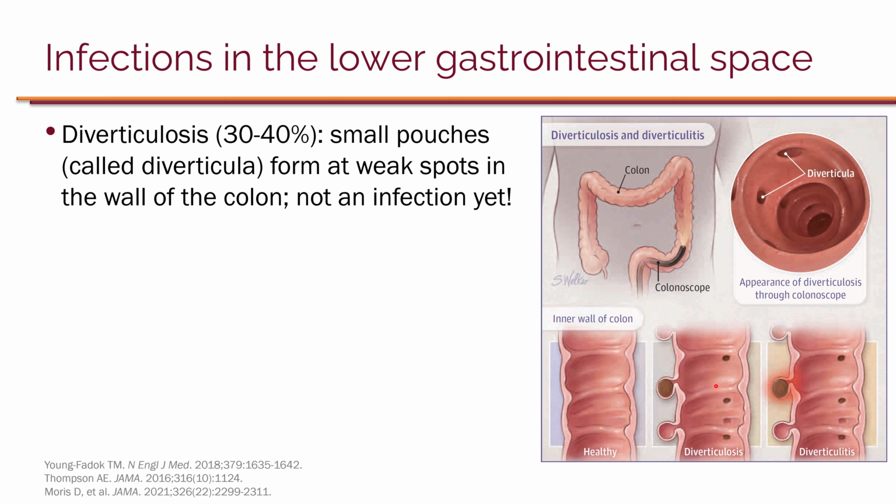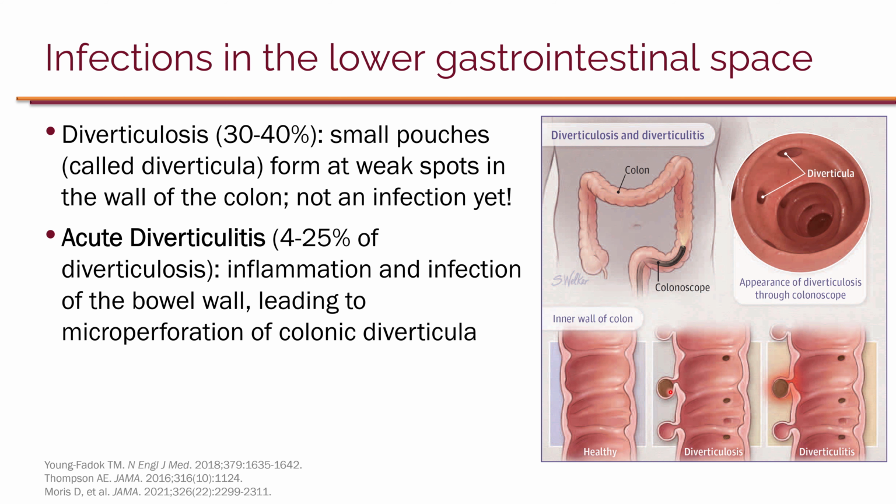These are small pouches that can develop in the colon, called diverticula, and they form at weak spots in the walls of the colon, but they're not necessarily infected. The problem is that fecal matter can get stuck in diverticula, and as you can imagine, there is no mechanism to squeeze this material out of these pouches, but they don't necessarily cause an issue.